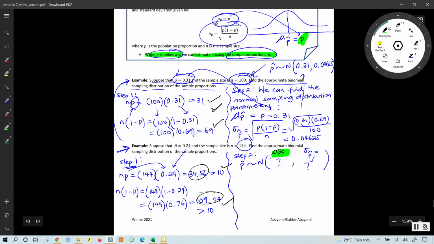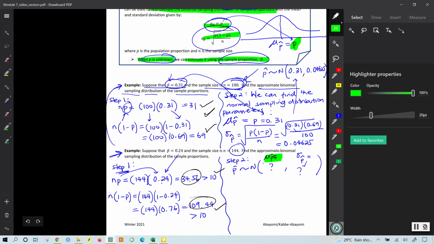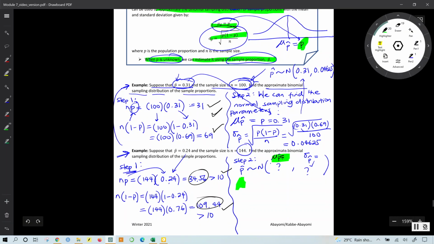We'll use the formulas given. So the mean of p hat is exactly equal to p. Since we were not given exact p, we approximate it with 0.24, which is the sample estimate.